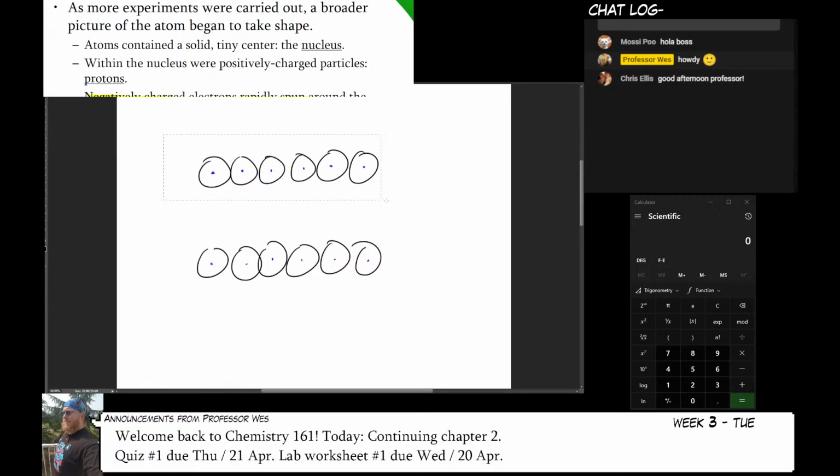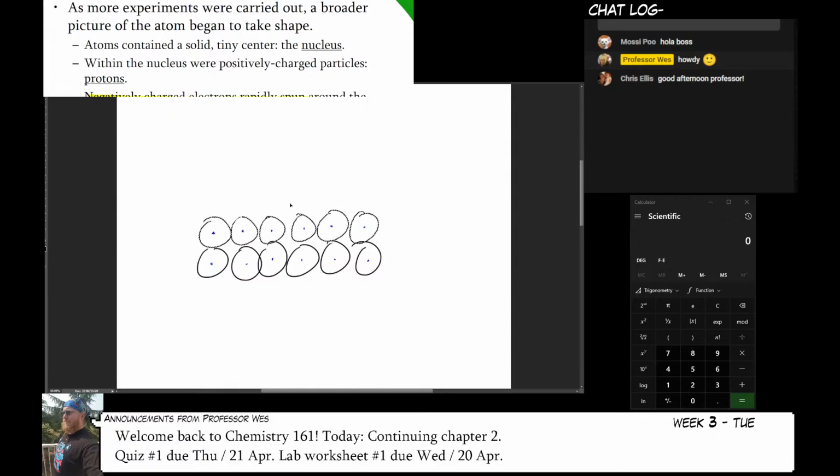If I have one object collide into another, you'll notice that the nuclei don't get next to each other at all, right? What ends up bonking into each other is this right here. So the electron clouds interact.